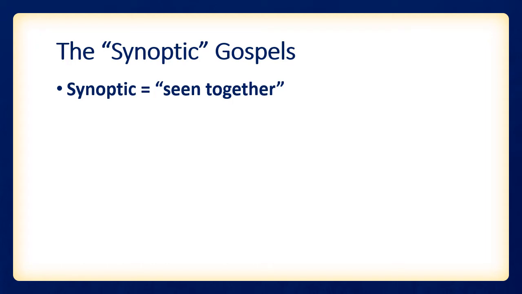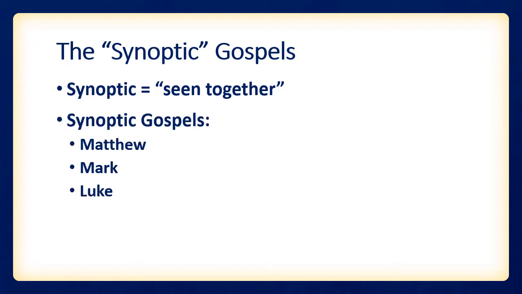The material in Mark, a lot of it's found in Matthew and in Luke, whereas the material in John is very much not paralleled in these other Gospels. We'll wait and talk about that when we get to John. But because of that, we have these three that are called the Synoptic Gospels, Matthew, Mark, and Luke. And sometimes we just call them the Synoptics.